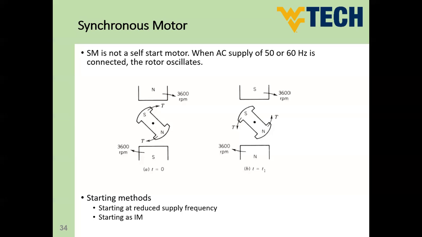So why is it not a self-start motor? This is what we need to figure out. And at the same time, if it is not a self-start motor, how can we start this motor? For a DC motor, for instance, we learned that if you apply the field to the field winding, if it is a field-based machine like shunt or separately excited, or if it is a permanent magnet, so the field is already inside, then once you apply the DC supply to the armature winding, the machine will start rotating.